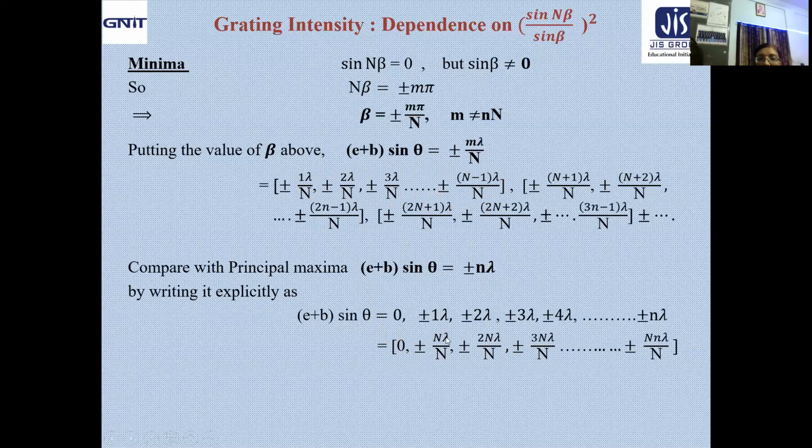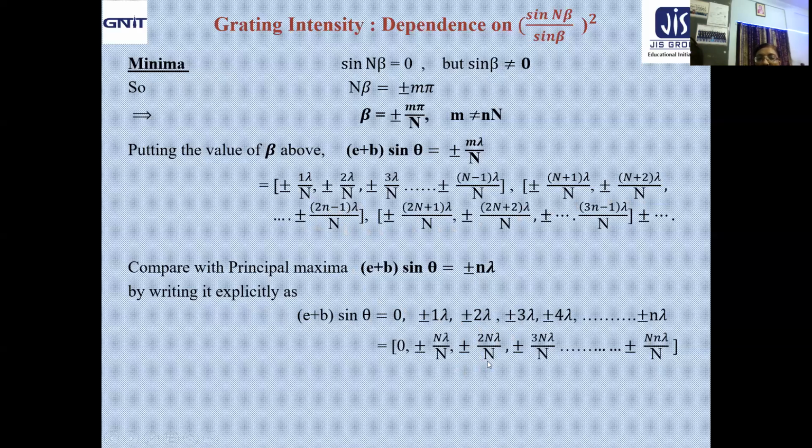Clear? Between first order and second order maxima, again you have to accommodate the minima, which will start after N. So after N, next term N plus 1 lambda by N, then N plus 2 lambda by N, up to which you will move, 2N minus 1 lambda by N, because this term is 2N lambda by N.